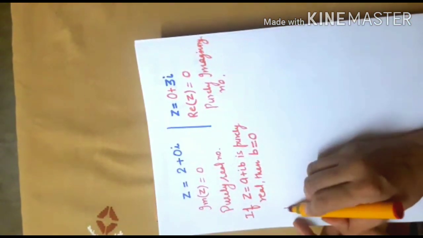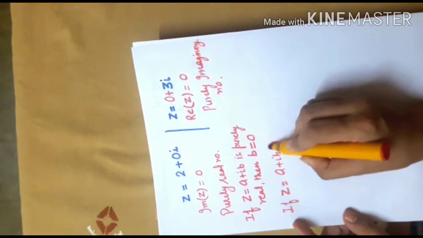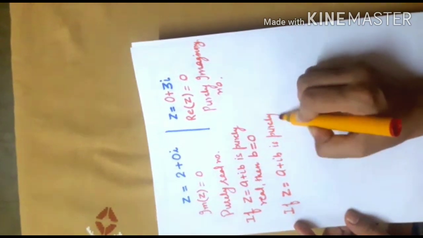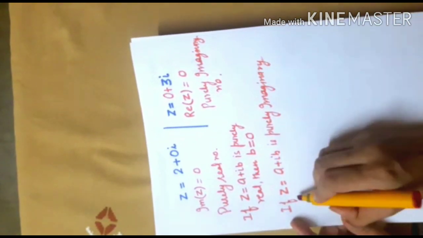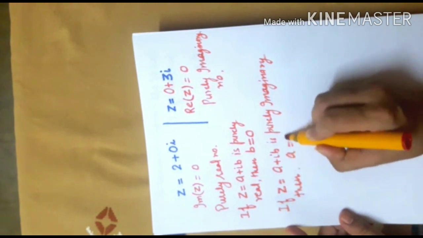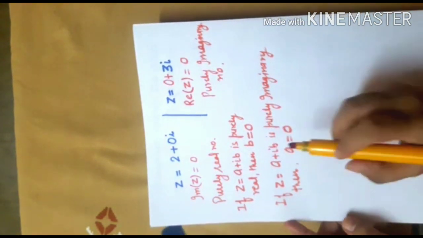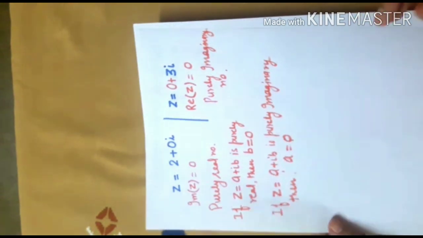Right? So if z is purely imaginary, then a should be equal to 0. That is, the real part should be equal to 0.